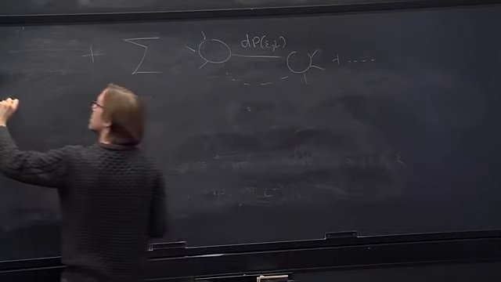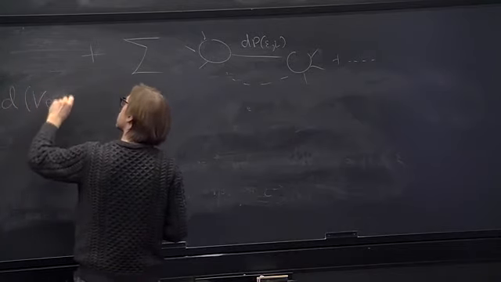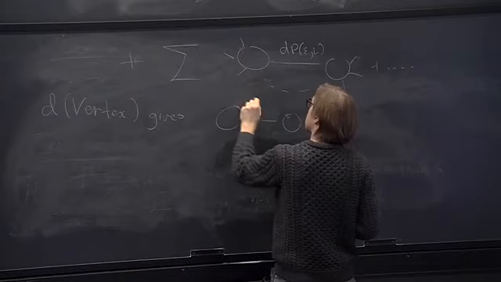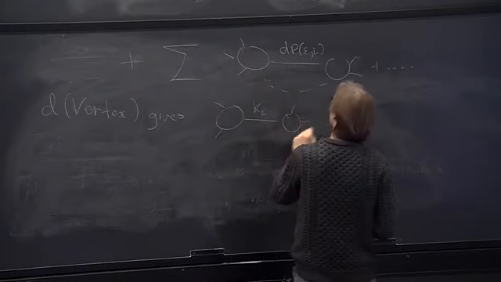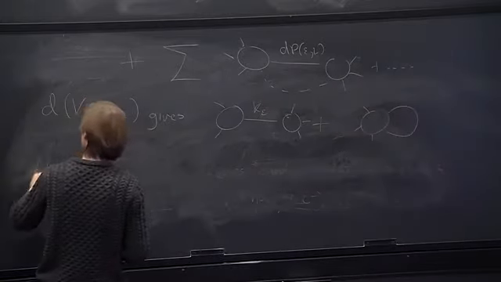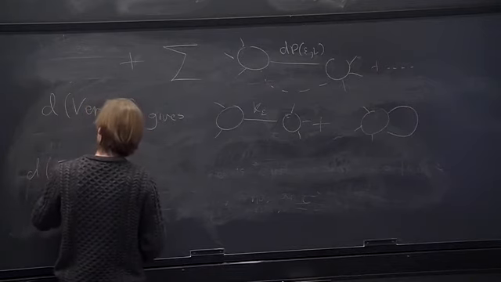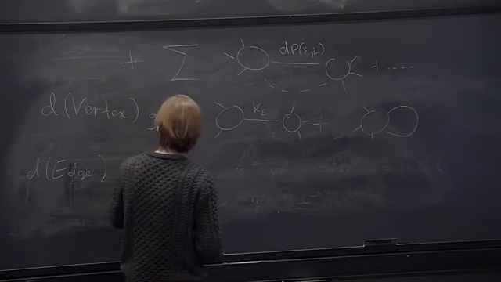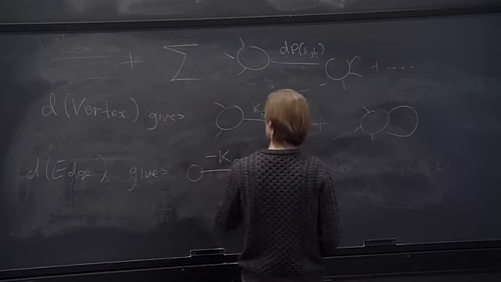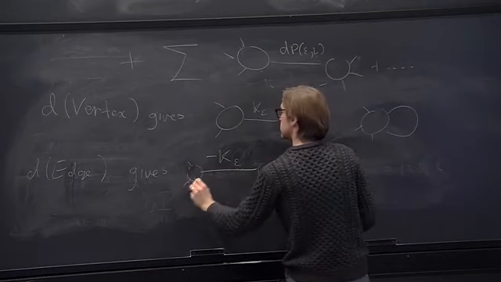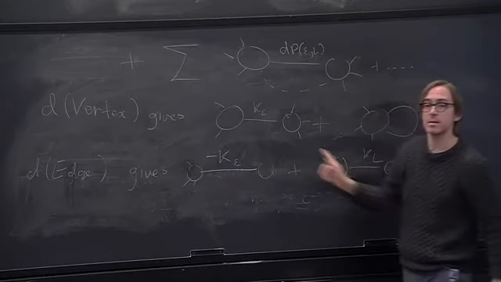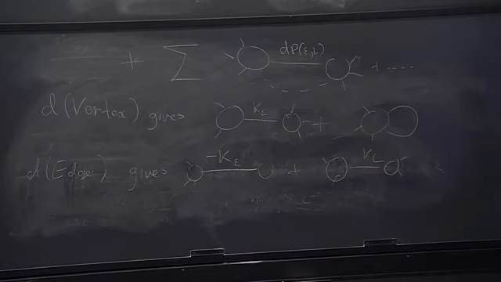So D of a vertex gives this thing, plus D of an edge gives, I get K epsilon minus KL, and think of the difference between them, because that's what D of the propagator is.